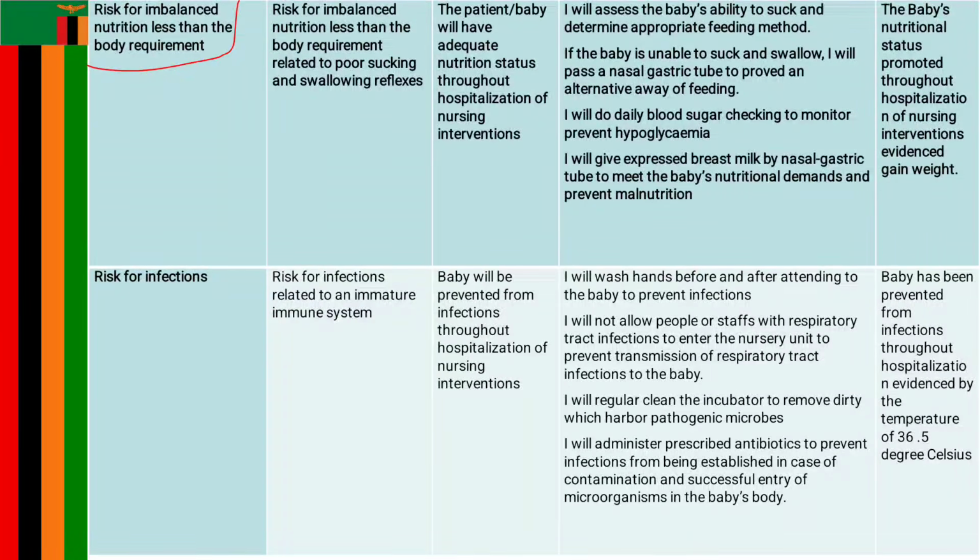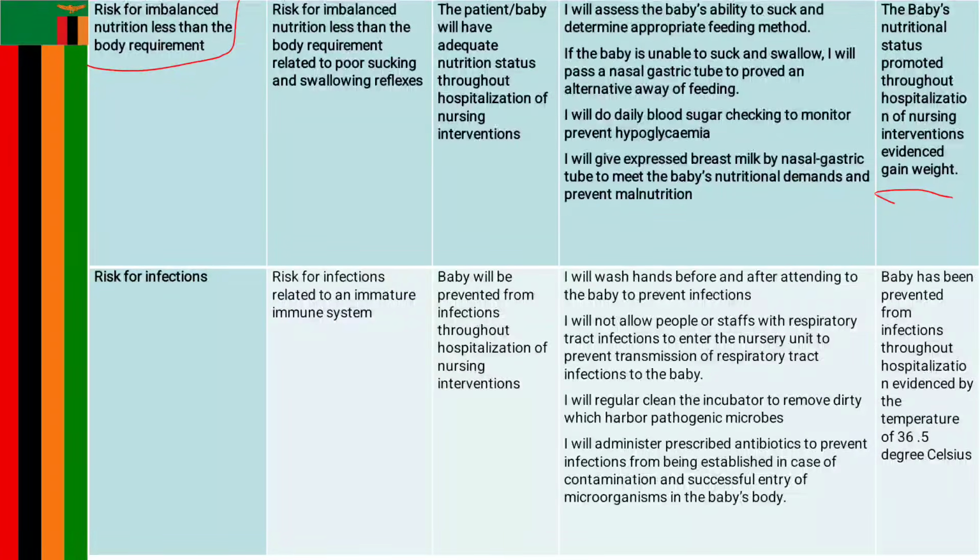The last intervention, you can say I'll give expressed breast milk by nasogastric tube to meet the baby's nutritional demands and prevent malnutrition. For evaluation, you say the baby's nutritional status was promoted throughout hospitalization, evidenced by weight gain.